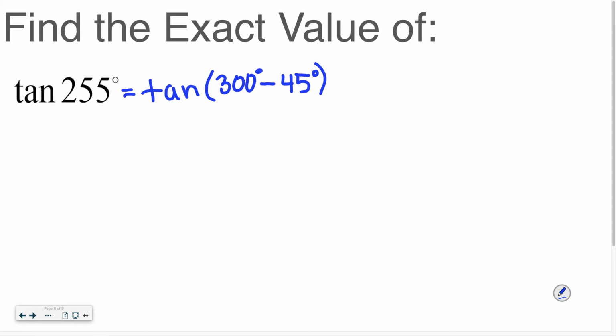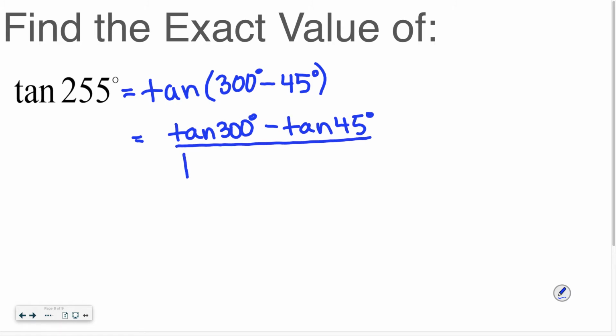And you'll see why I'm going to urge you to be less messy when we get into the problem. So our tangent difference formula is the tangent of u minus the tangent of v all over 1. Since it's minus here, we switch to addition here, tangent u, tangent v.